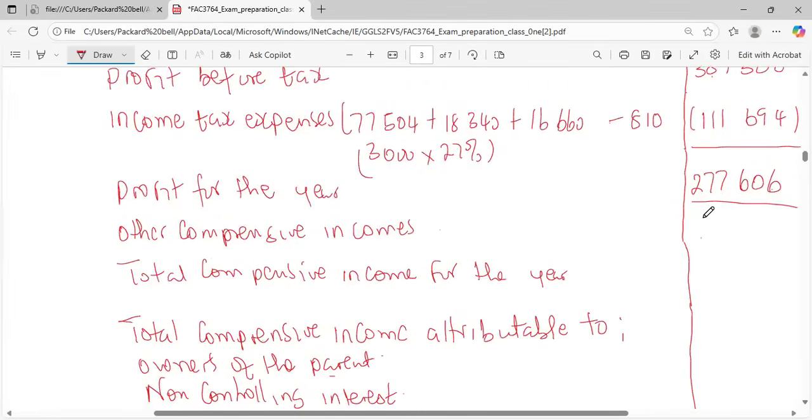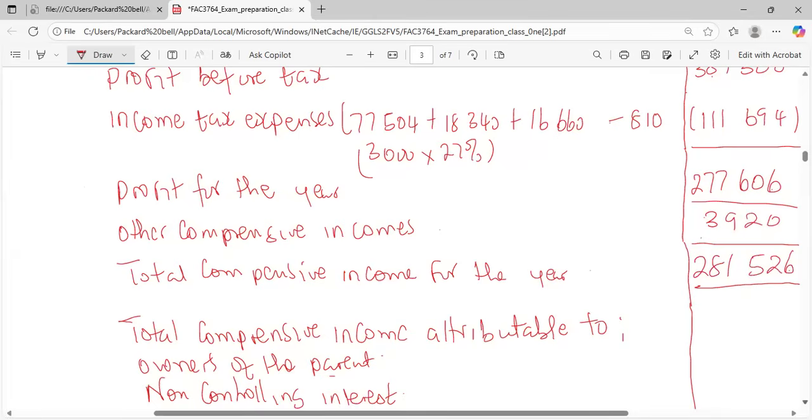So what is going to be our total comprehensive income for the year? We add the two: 277,606 plus 3,920 is going to be 281,526, right? That's our total comprehensive income.